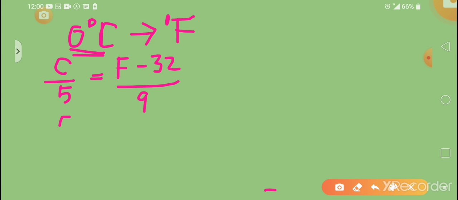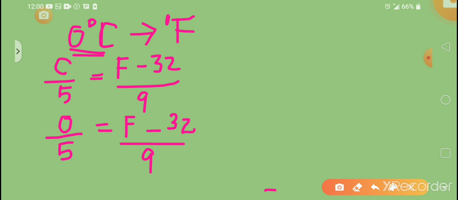Substitute the values. 0 by 5 is equal to F, that is temperature on the Fahrenheit scale, that we don't know. So F minus 32 by 9. Okay, so 0 by 5 means what? 0. So 0 is equal to F minus 32 divided by 9.